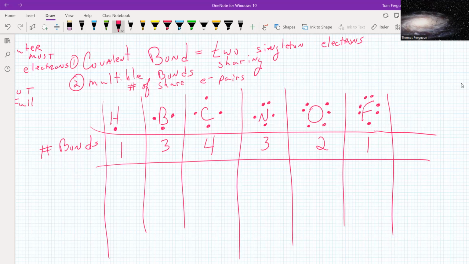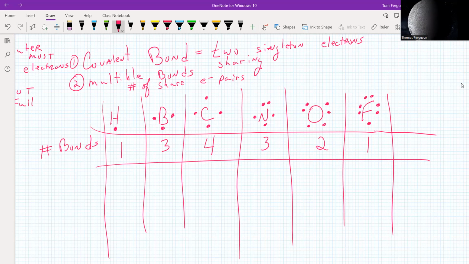So that's 6 total electrons that are shared with another atom. I'm going to be doing lots and lots of examples. So carbon has to have 4 bonds, and it can be a combination of one single and one triple, two doubles, four singles, long as it adds up to four.